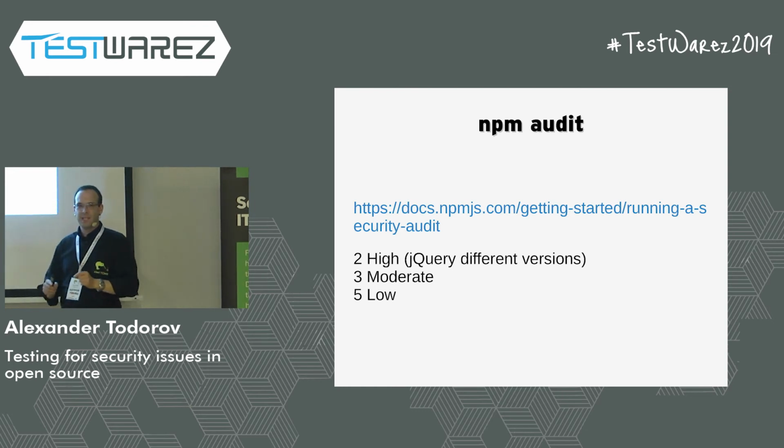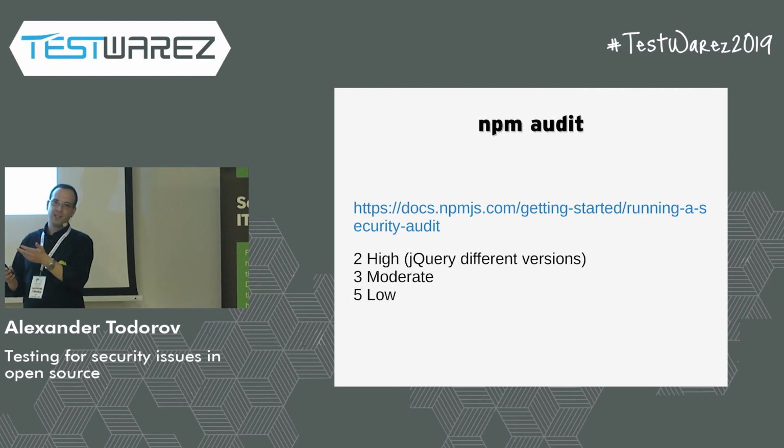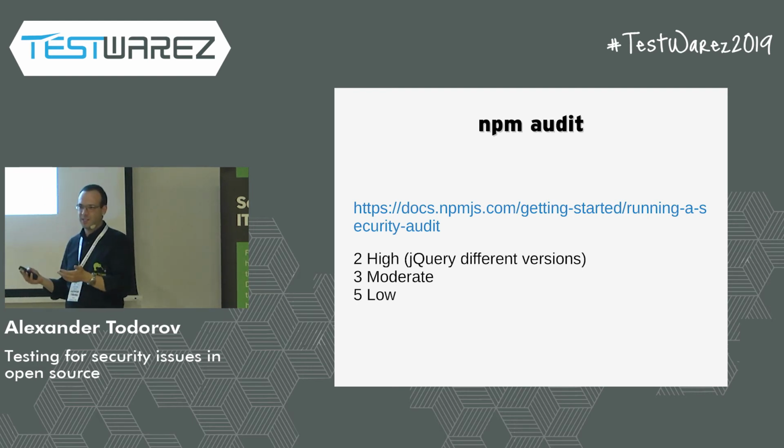Immediately, bam, 10 different issues. 2 of them high severity, both of them coming from jQuery, 2 different versions of jQuery in the same project. That is completely ridiculous. So obviously, we work to upgrade these versions and to unify them and at least use one, hopefully the latest one, which doesn't have any issues until proven otherwise.